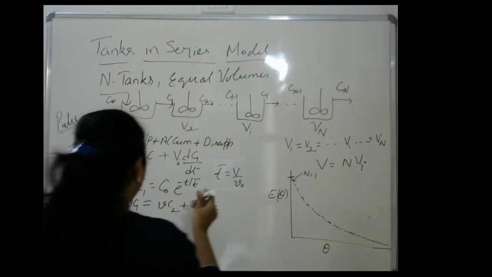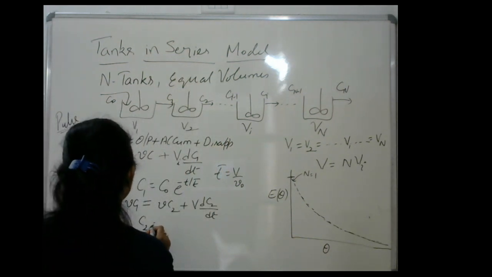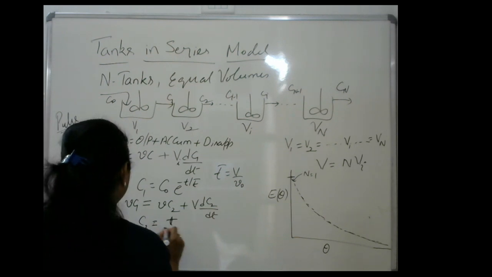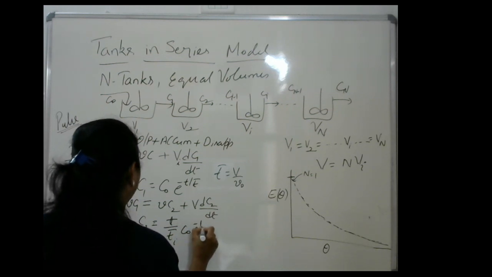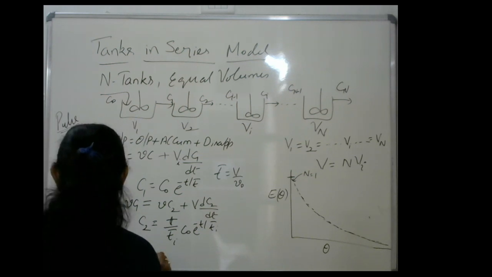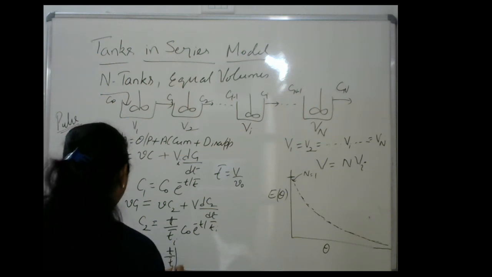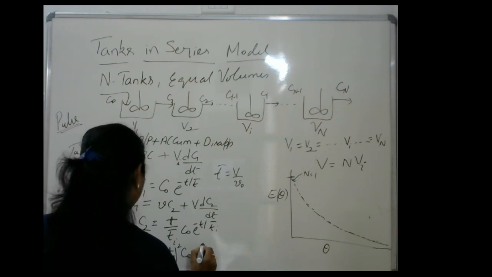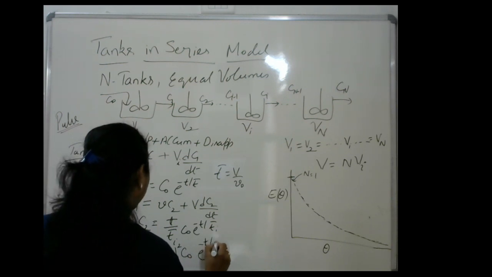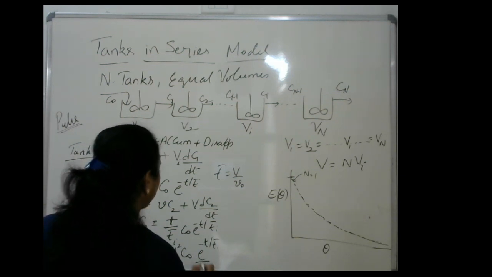Of course, you don't need to solve it, you can just note this equation. Similarly, C3 will be (t by t bar) whole square by 2 into C0 e to the power of minus t by t bar.